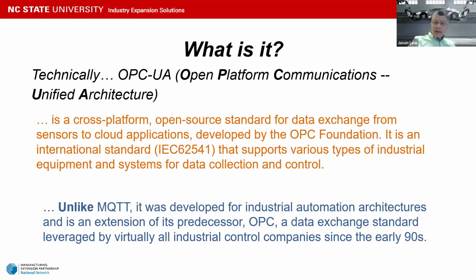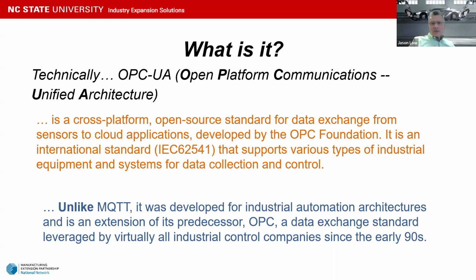So OPC UA, also known as Open Platform Communications Unified Architecture, is very similar to MQTT. It was developed in the early 90s, even probably in the late 80s, by the OPC Foundation.